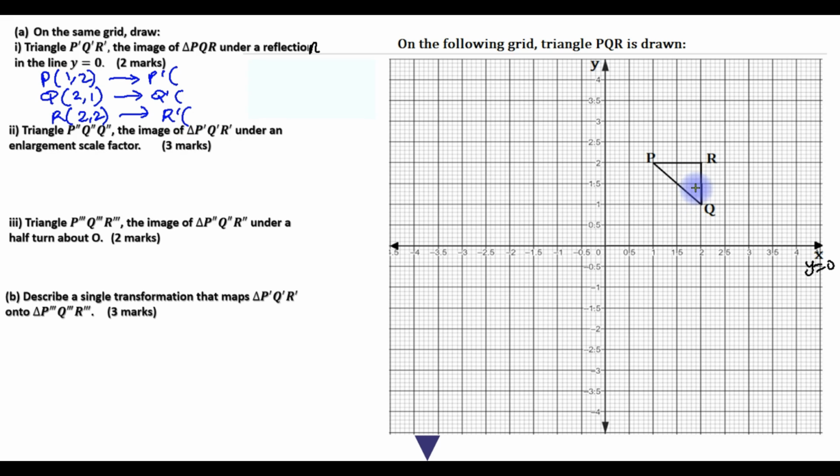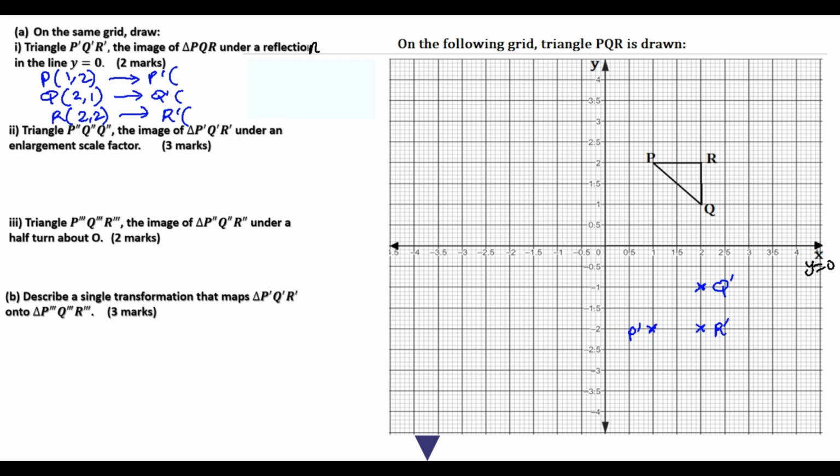Now this triangle is reflected in the line y equals 0, that is the x-axis. Remember the properties of reflection: the image distance is equal to the object distance, and they are perpendicular to the mirror line. So from here, Q prime will be at this particular point, then R prime, and then P prime at this point.